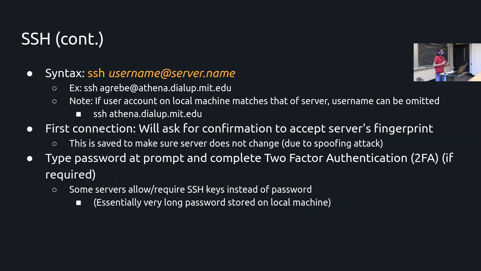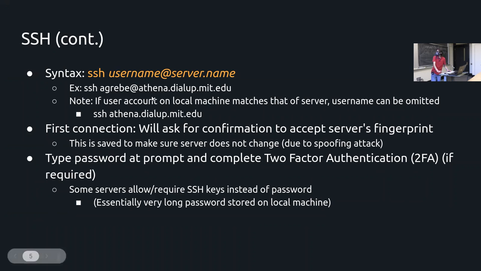So the first command that we're going to teach you is the SSH command, because you're going to need that in order to run all subsequent commands on these faraway machines that are not local. So the SSH command, in a second I'll show you where to type this, but you type SSH and then your username on the server, the @ sign, and then the name of the server.